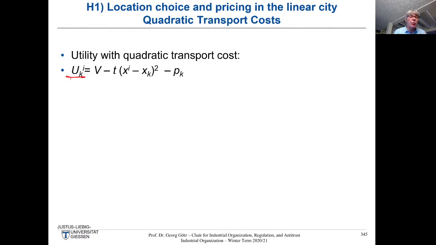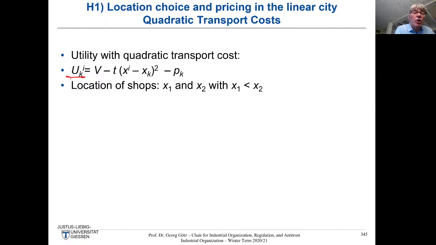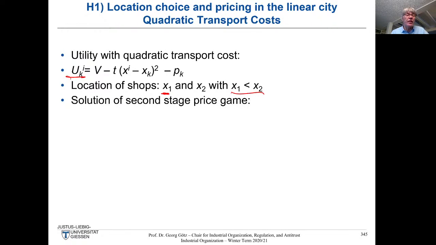And apart from that, everything is the same. And again, now we allow for locations which are different from 0 and 1. But we assume that shop 1 is the shop to the left-hand side, shop 2 is the shop to the right-hand side. That's just what we have here in terms that x1 is smaller than x2.